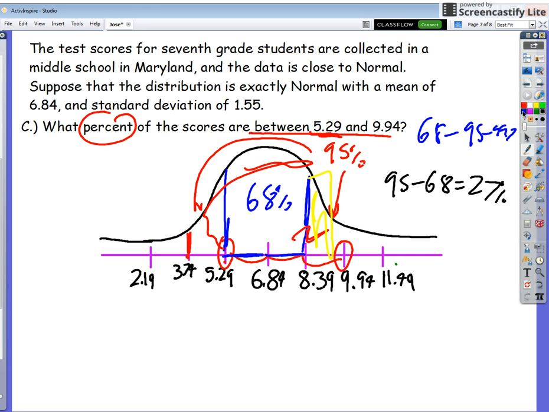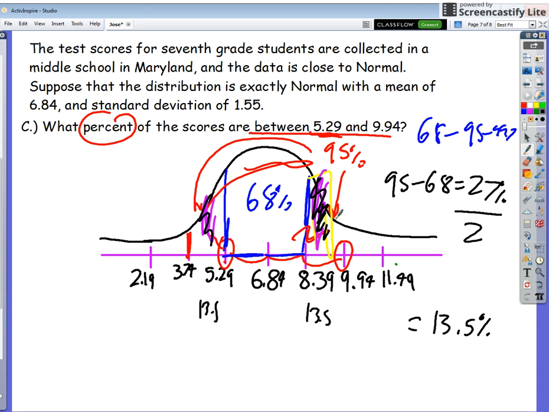The 27%, however, does not equal just this. 27% equals this and this. So the property of symmetry applies, and we can divide it by 2, giving us 13.5% each. This side is 13.5% and this side is 13.5%, and it works because we're only looking for this side.